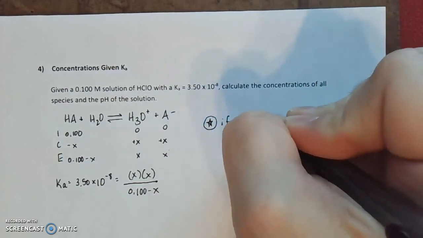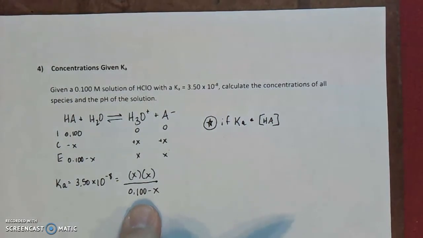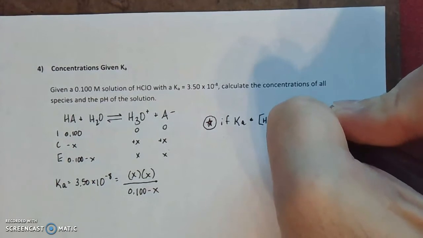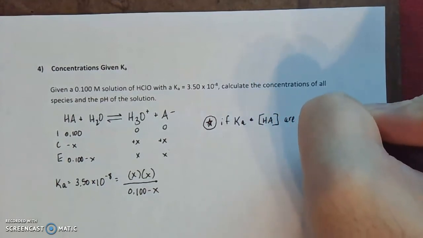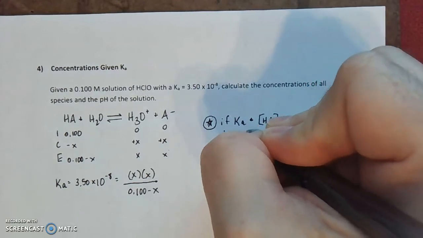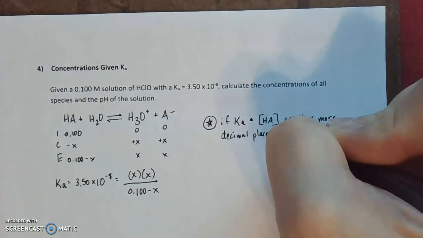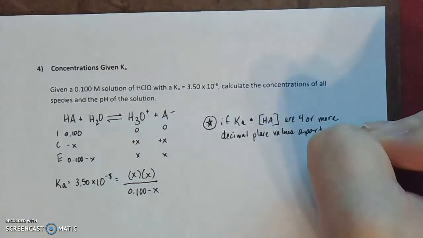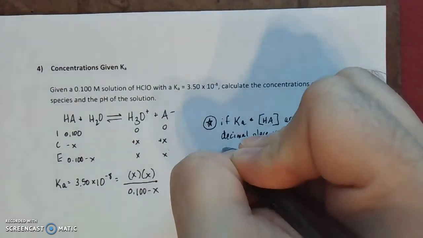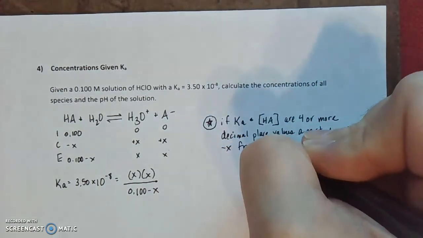If Ka and HA's concentration, so this value right here and this value right here, are 4 or more decimal place values apart, drop the minus x from the denominator.